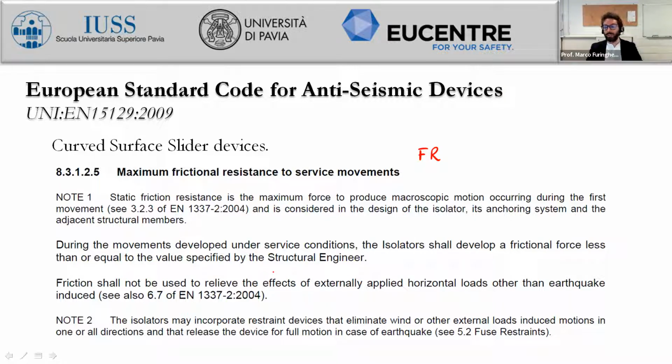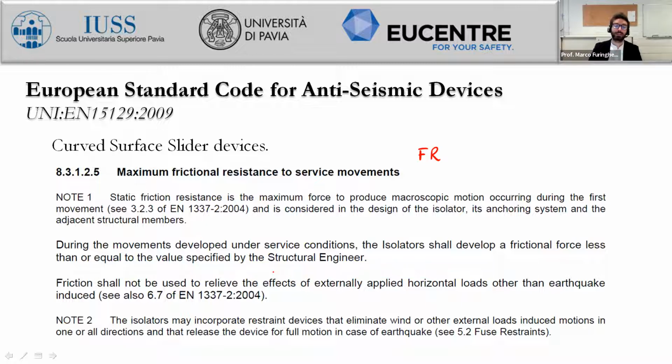And maybe in some applications with some particular sliding materials, we can have an increase in the friction coefficient, which leads to the definition of static friction, rather than breakaway friction.